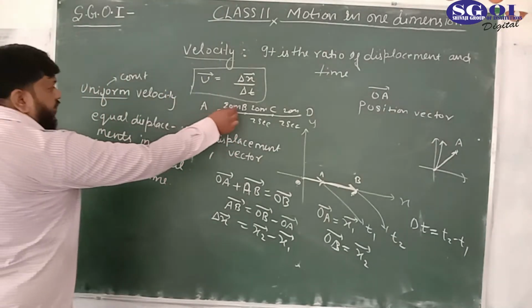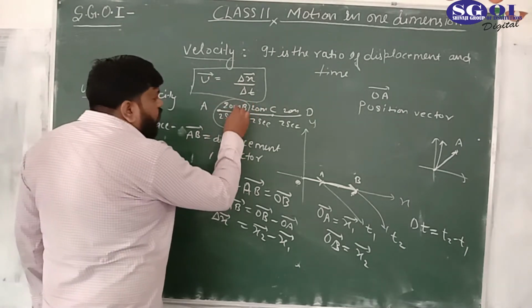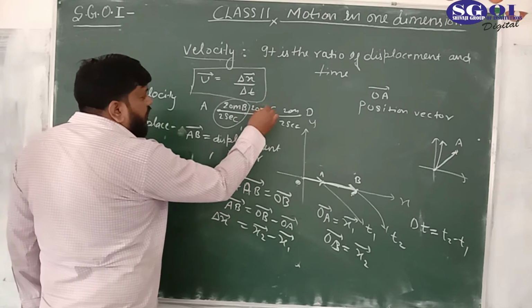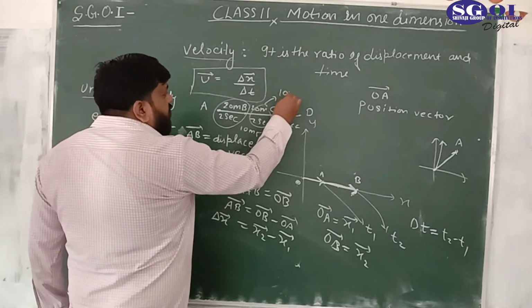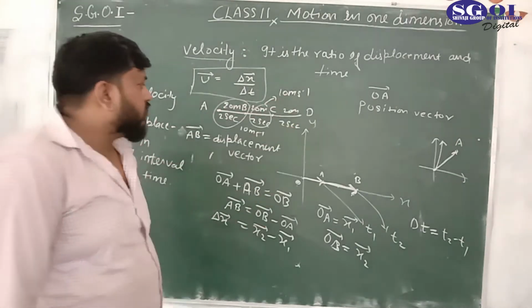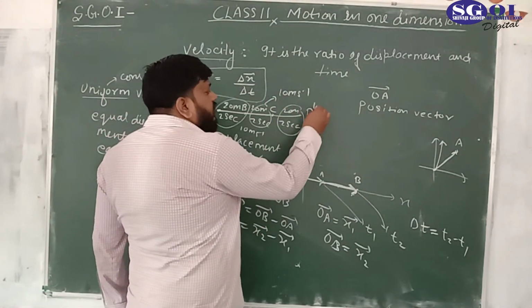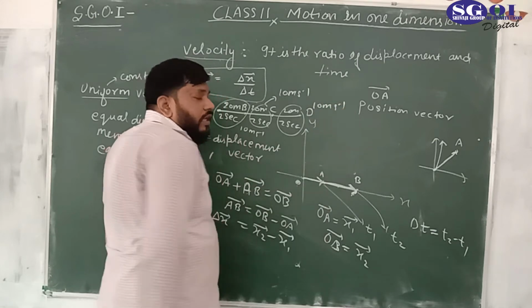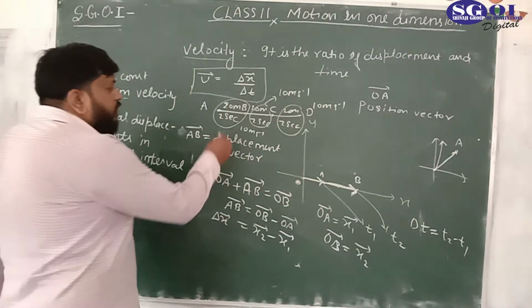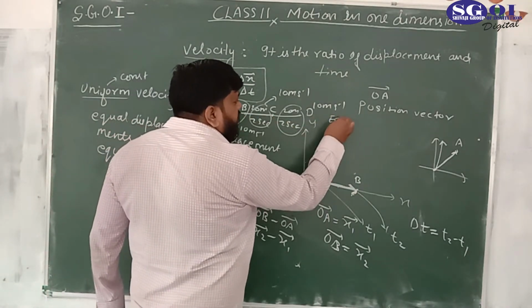So here the velocity is uniform. It is moving 10 meters per second, which is the magnitude of velocity, because velocity is a vector quantity. We have to mention the direction here. Suppose this direction is east.